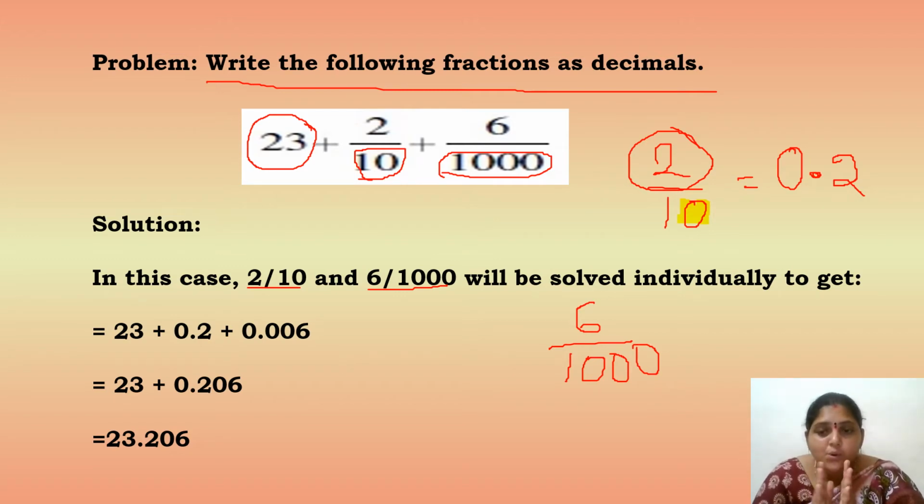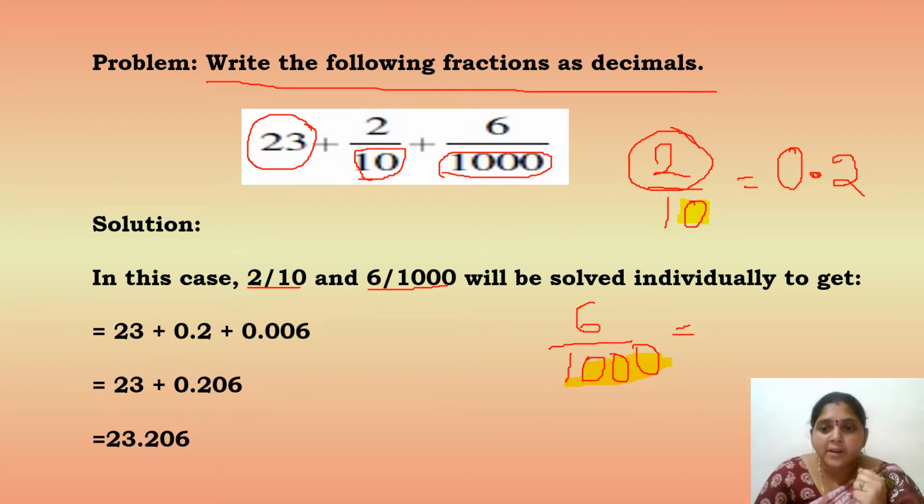Only zeros, don't count the 1. Number of zeros present in the denominator. How many zeros are there? You are having 3 zeros, right? So before how many digits do we have to put a point? Yes, before 3 digits we have to put a point.